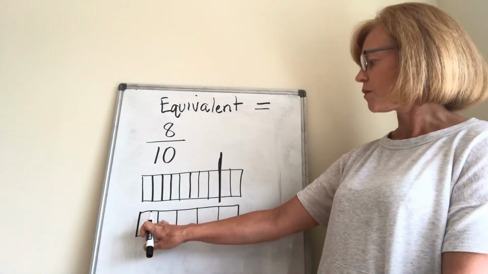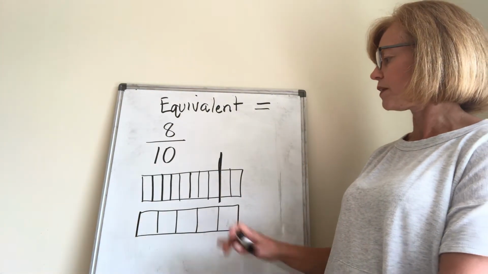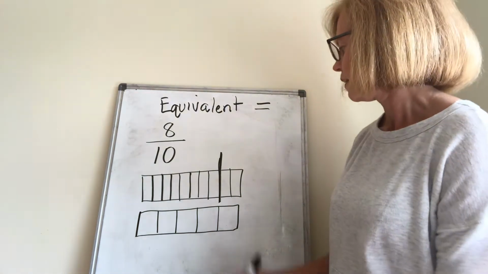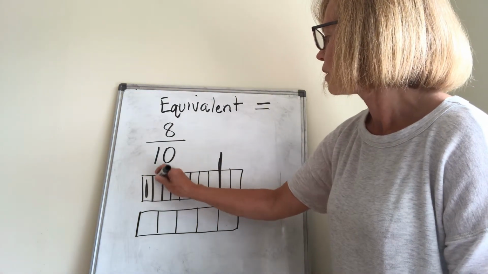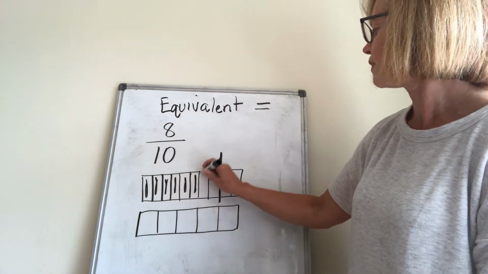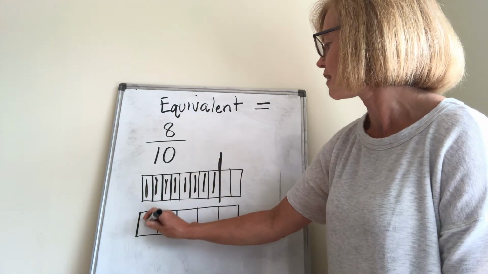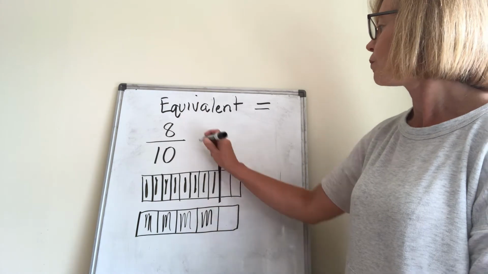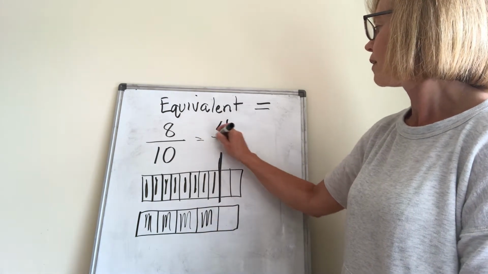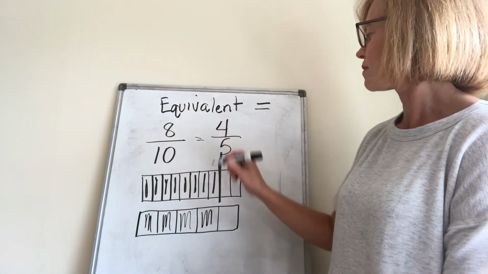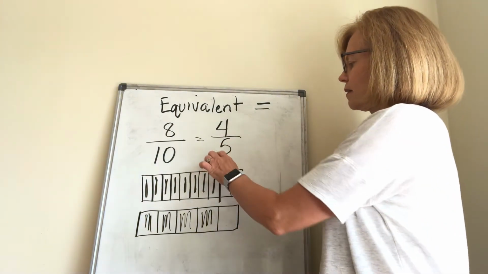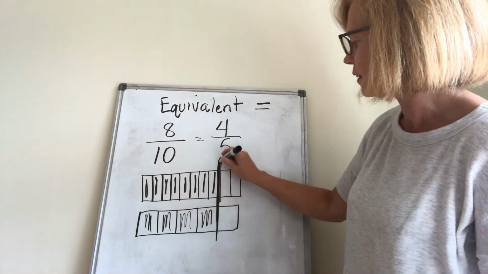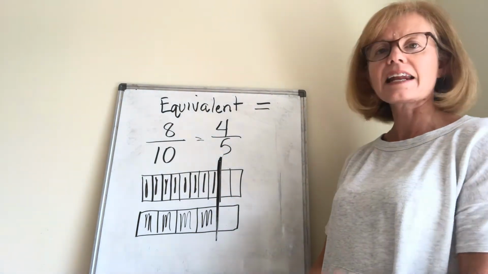Now I've got 1/5, 1/5, 1/5, 1/5, 1/5. Now I can say 1, 2, 3, 4, 5, 6, 7, 8/10 is the same as 1, 2, 3, 4, 4/5. These are equivalent amounts.